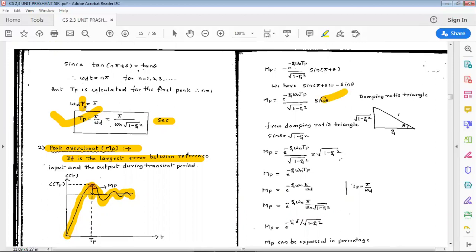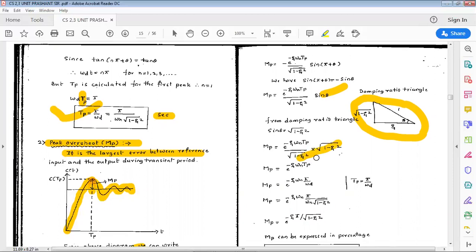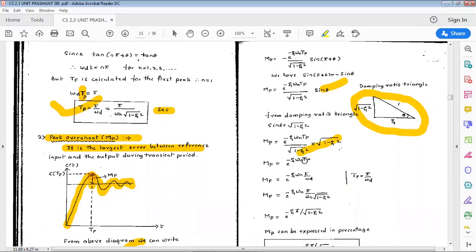Substituting this back, the minus sign and this minus sign get cancelled, resulting in plus. So e raised to minus zeta omega n tp divided by under root 1 minus zeta square, times sine theta. From the damping ratio triangle, sine theta is opposite by hypotenuse, so under root 1 minus zeta square divided by 1. Therefore Mp is equal to e raised to minus zeta omega n tp divided by under root 1 minus zeta square, into under root 1 minus zeta square. This gets cancelled, so Mp is equal to e raised to minus zeta omega n tp.